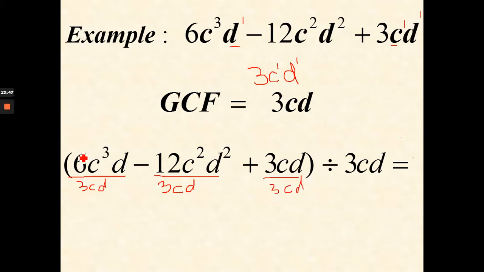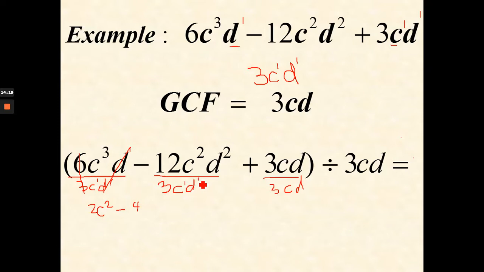What is 6 divided by 3? That is 2. What is the exponent here? That is 1 and that is 1. So 1 minus 1 will be 0. Again, in dividing, you just subtract the exponents. Do not forget that. 3 minus 1, that is 2. Minus 12 divided by 3, that is 4. Do not forget the exponent.